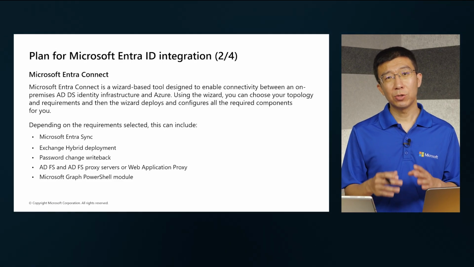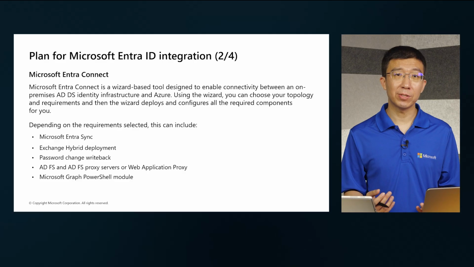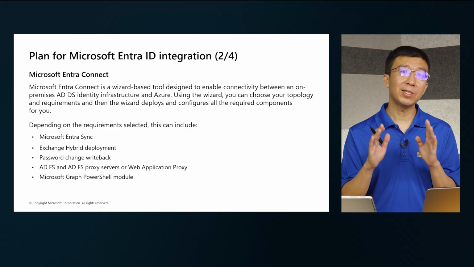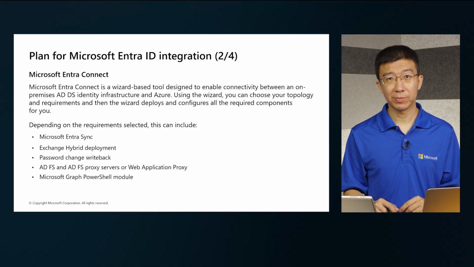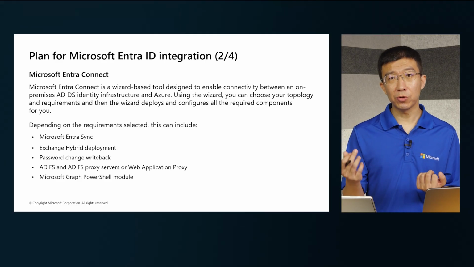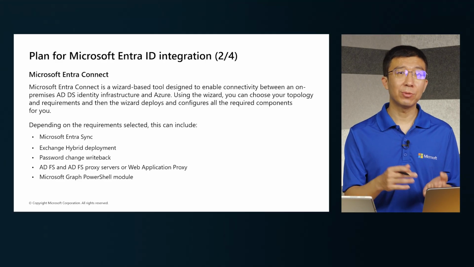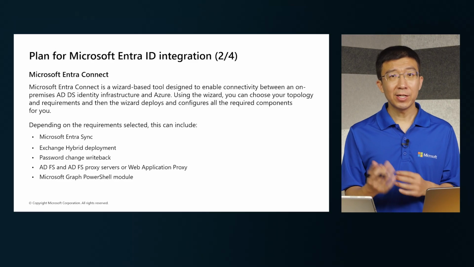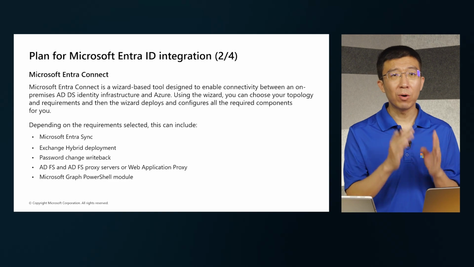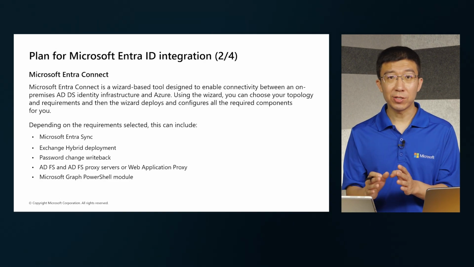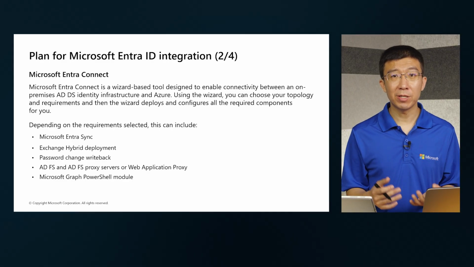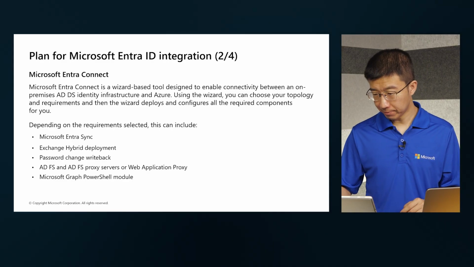It helps you choose your topology and requirements, then deploys and configures all necessary components. When you run Entra Connect, new users, groups, and contacts are added to Entra ID, and changes made on-prem are synchronized. It's important to understand the source of authority for each object as management remains on-prem.